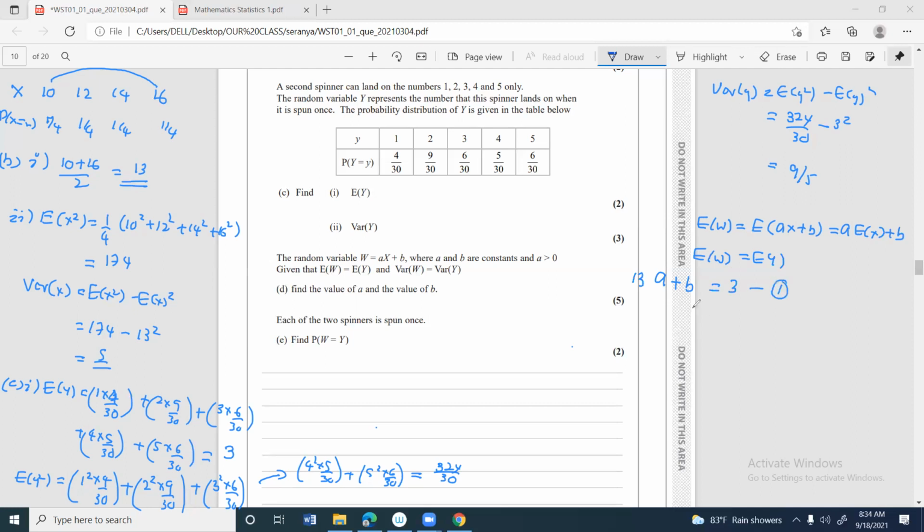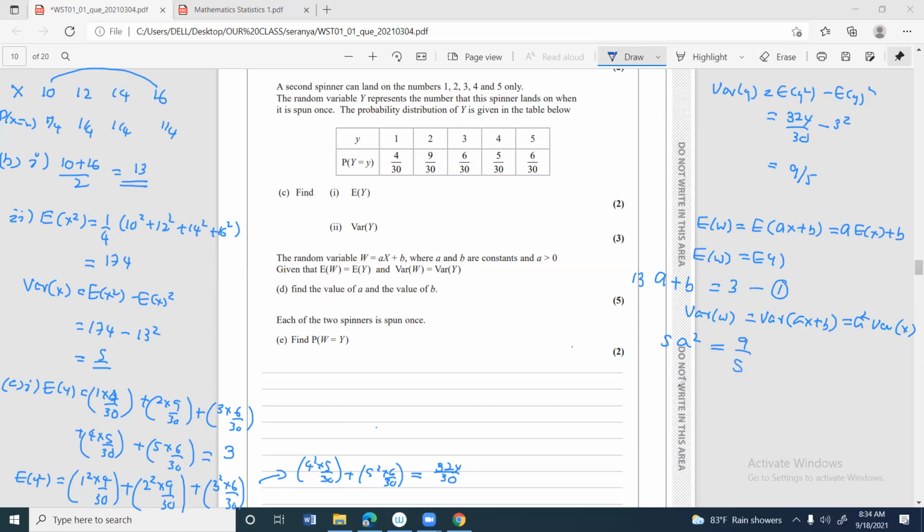Then the other one: the variance of W is equal to the variance of aX plus b, that is a squared times variance of X. We already found the variance of X is 5, so 5a squared equals the variance of Y, which we already found as 9 over 5.